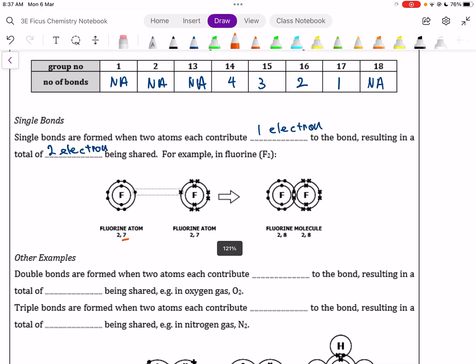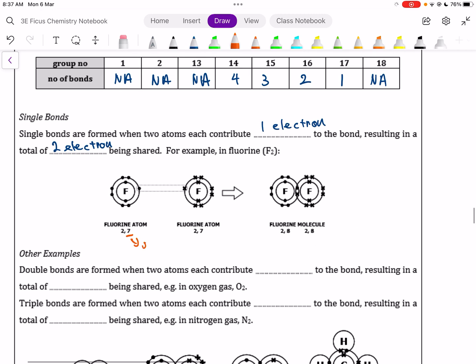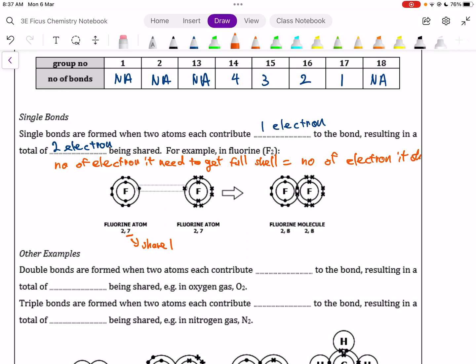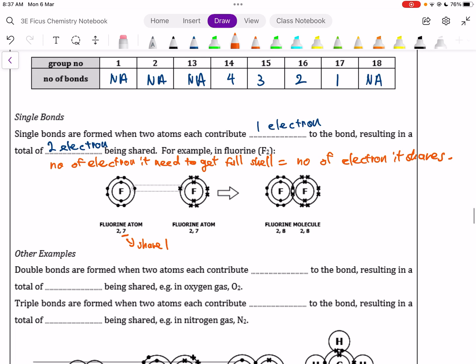If it's 7, then usually they will share 1, because the number of electrons it needs to get will be equal to the number of electrons it shares. So need how many, share how many.